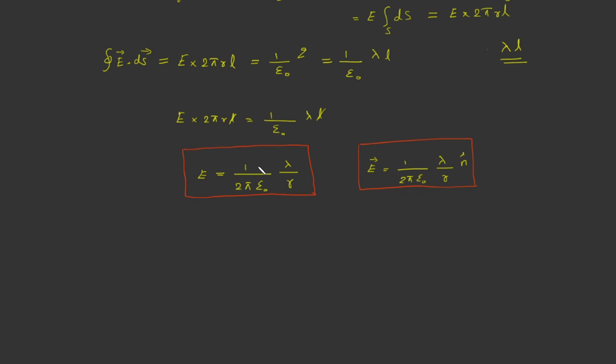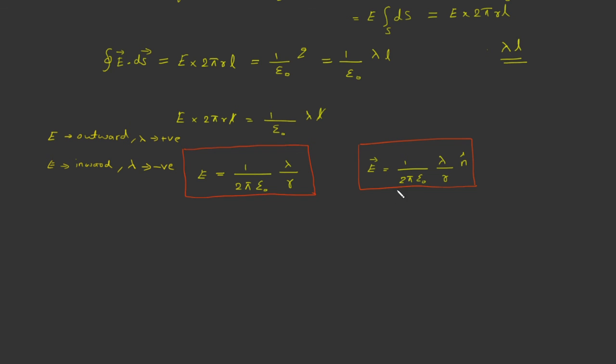And this equation easily shows that the direction of electric field is outward if lambda is positive, and direction of electric field is inward if lambda is negative.